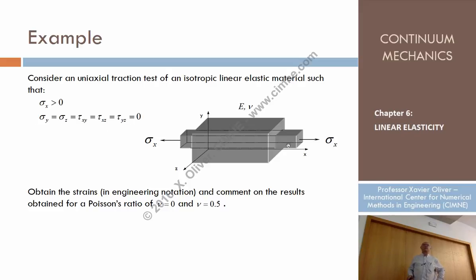Only uniaxial stress. So let's see now what Hooke's law returns in terms of the strains of this specimen. Let's see, and we'll comment on the results for two specific cases: nu equals 0 and nu equals 0.5.